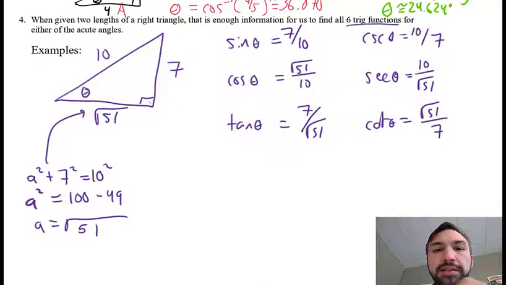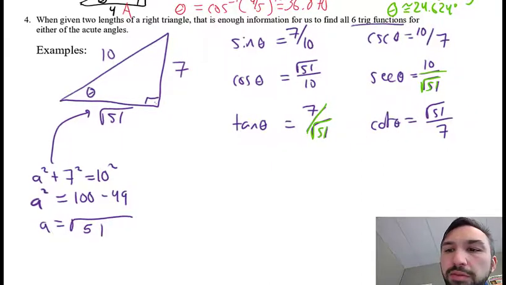So look at my 6 answers and see if you can determine which ones need more work. Okay, it's going to be this one and this one. Remember, we don't like to leave radicals or square roots in our denominator, but we can fix that.